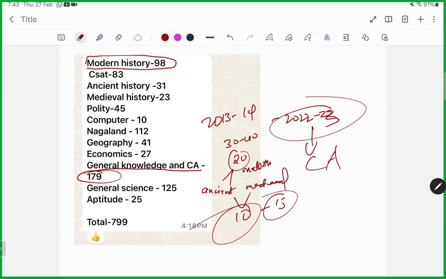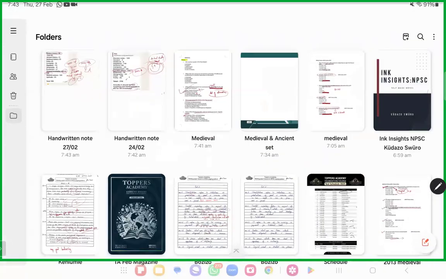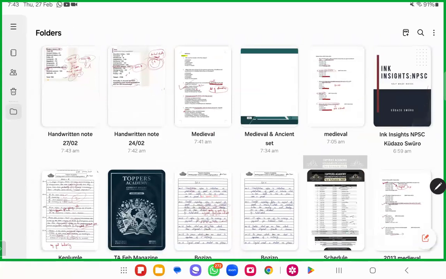And even in 2013 and 2014, most of the marks came from current affairs, which is 179 questions. All right. So that is why studying current affairs is very important, and we're giving too much importance to current affairs now. So we will solve a few current affairs questions, and we'll wind up our class for today.